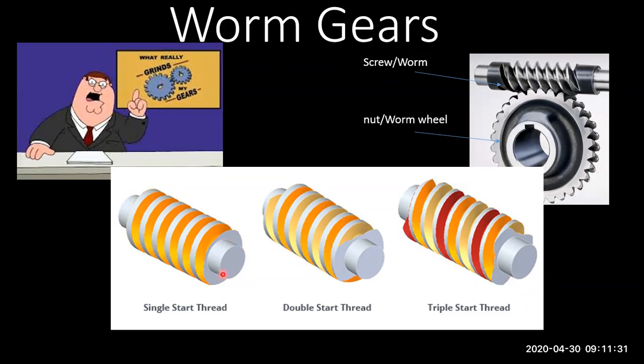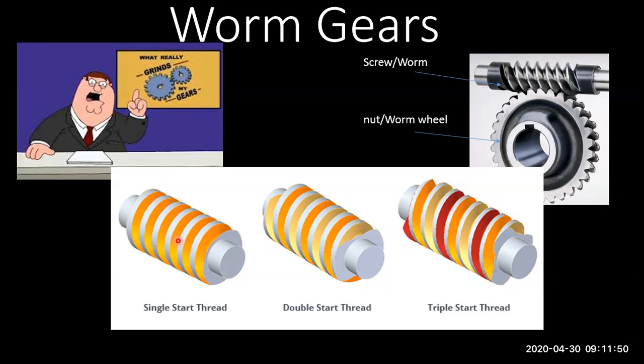If single threaded, it gives a large speed reduction and the efficiency is low. So the lesser the number of starts, the lesser the efficiency and the more the heat generation, because it moves very slowly.